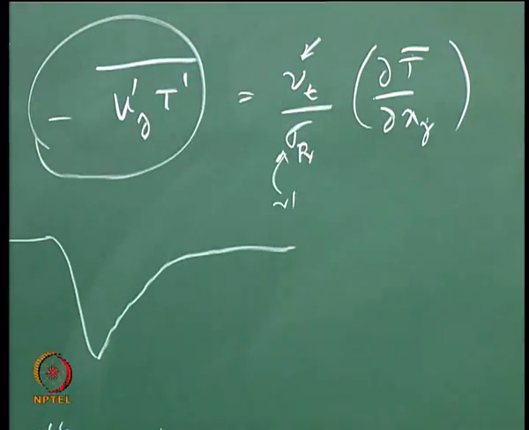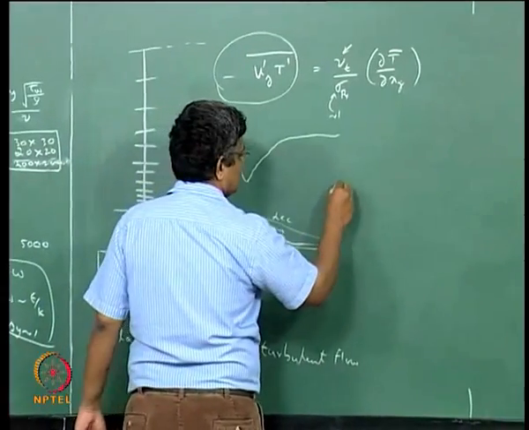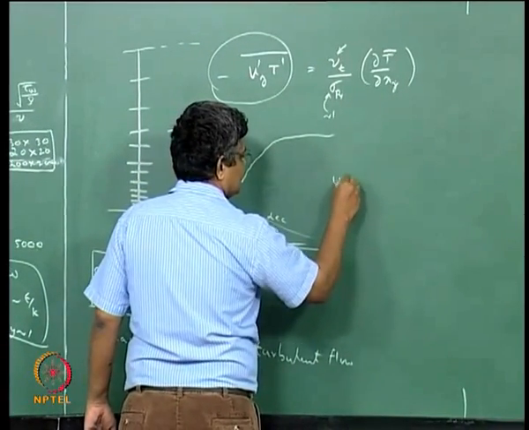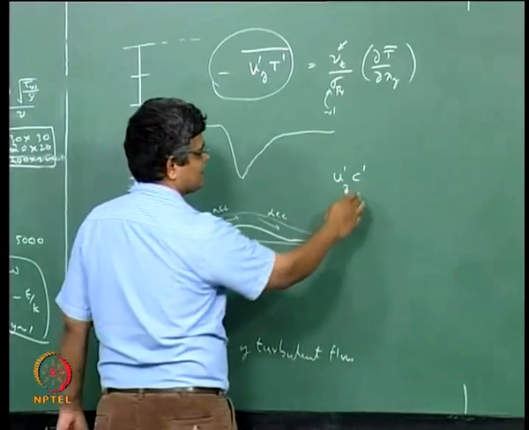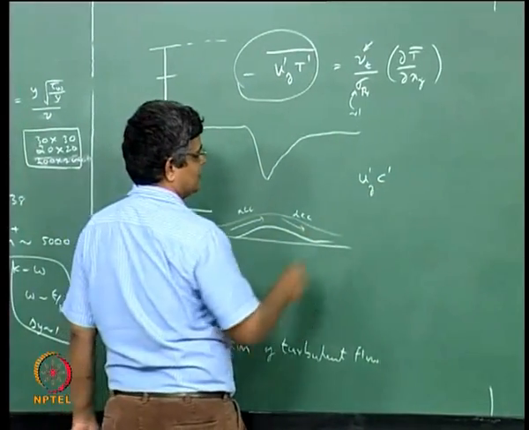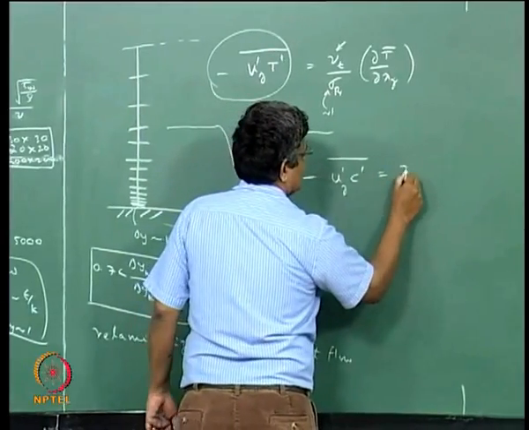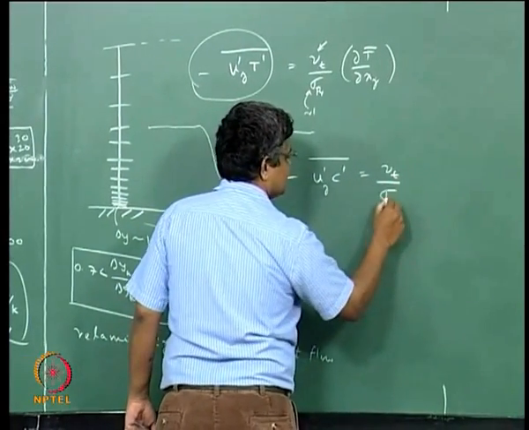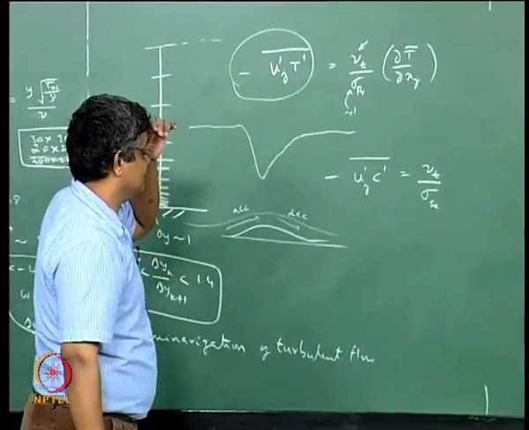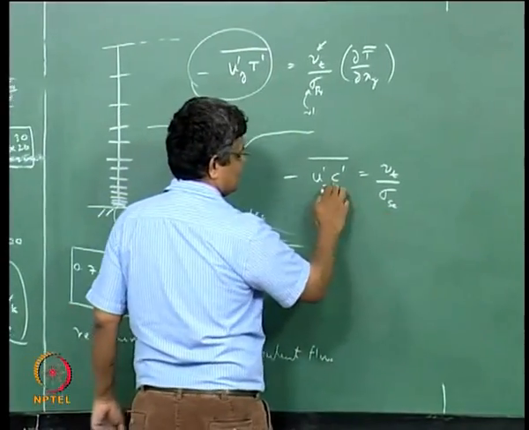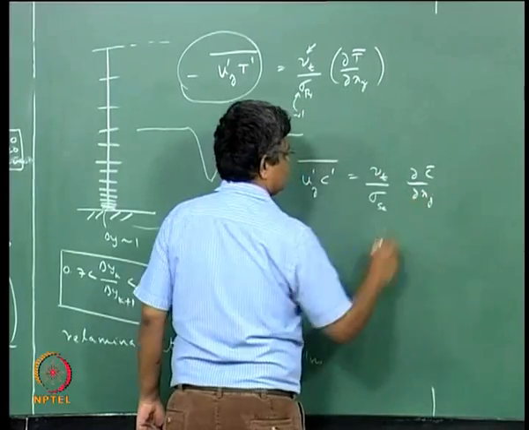Similarly, when we are looking at the species conservation equation, one may come up with uj prime C prime, where C represents the concentration of the species, and this again can be represented as mu t by sigma, the Schmidt number or something like that, representing the mass transfer, times dou c bar by dou xj.